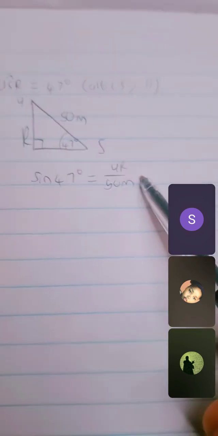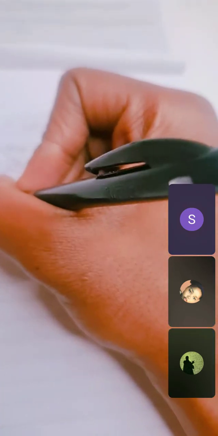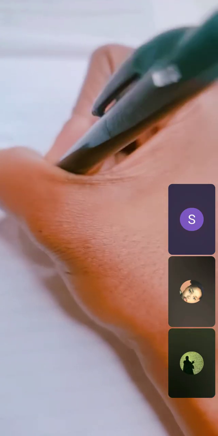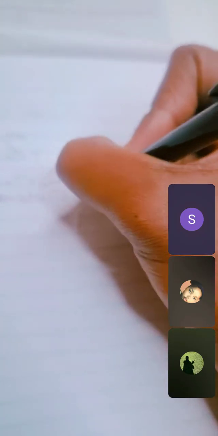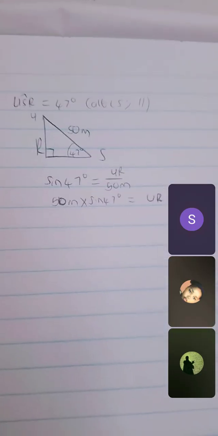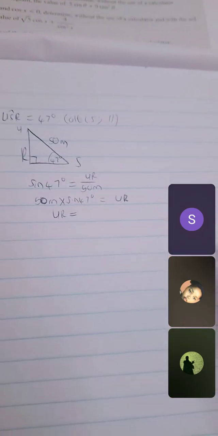Unknown is in the numerator. So what do we do? We cross multiply, not interchange. That's the shortcut, instead of having to multiply both sides. Shortcut, cross multiply. Take your calculator, punch this in. What is UR? I'm going to wait for you guys.